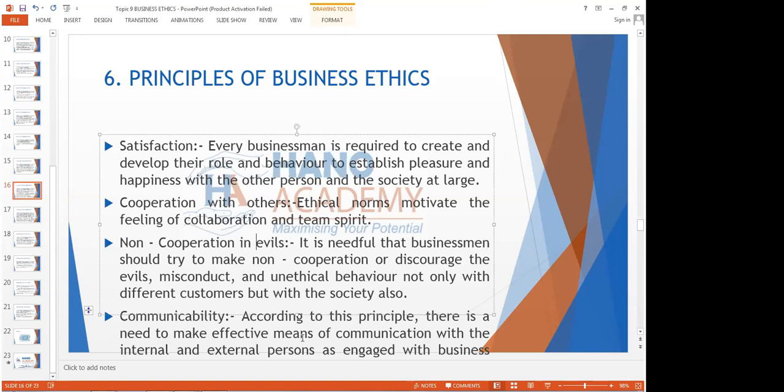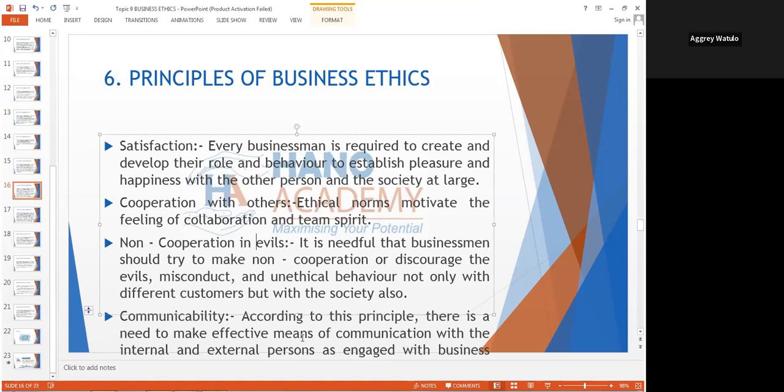Then the receiver of the information should be the client, or what we are referring to as the customer. So there's need to have effective communication, both internally and externally within the organization or within the business. So communication is paramount to a good or successful business.